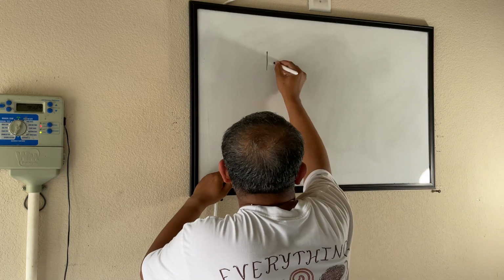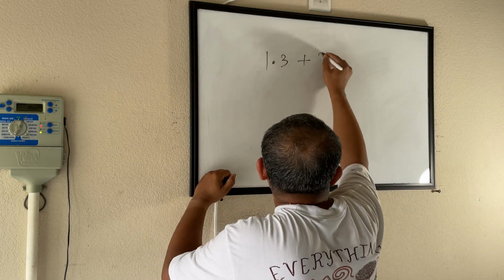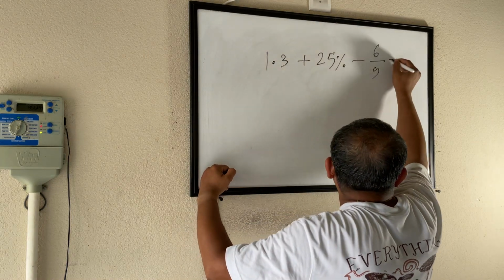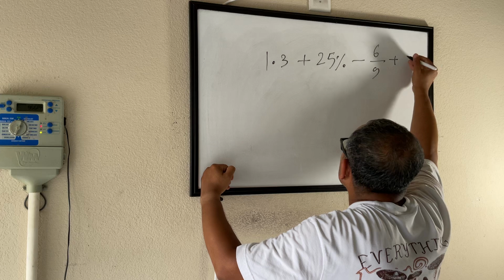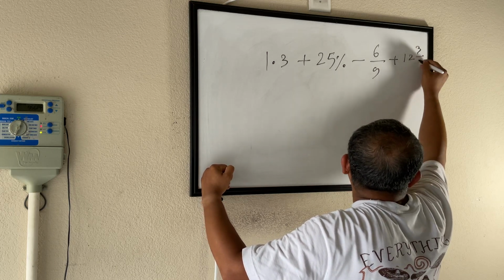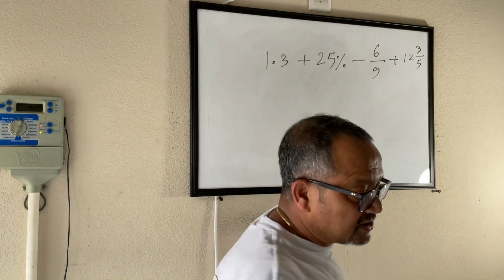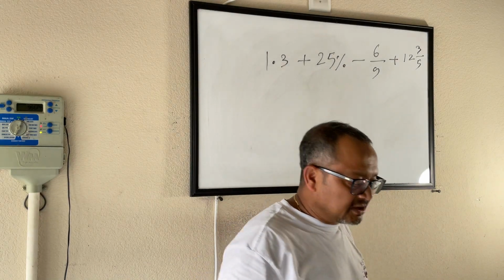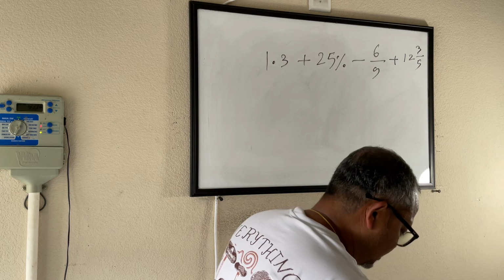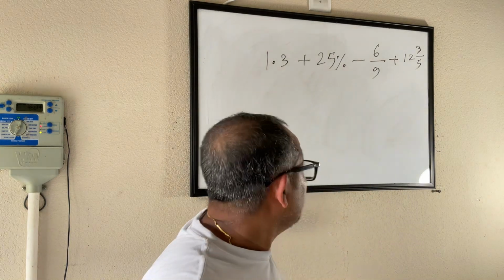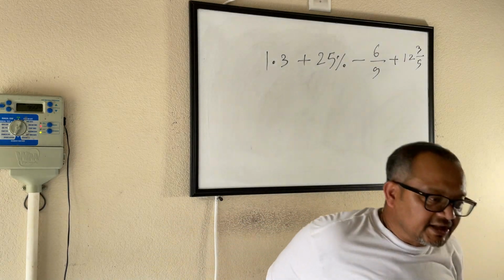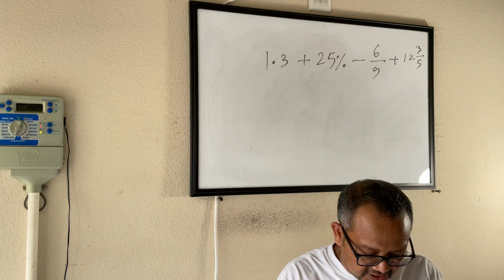I'm talking about 1.3 plus 25% minus 6 by 9 plus... One last question, okay? I'm somehow trying to bother you guys with the calculation, and calculation is the backbone. So let's try solving this one while I'm trying to figure out what is the next thing that I'm going to talk about in next 20 minutes.